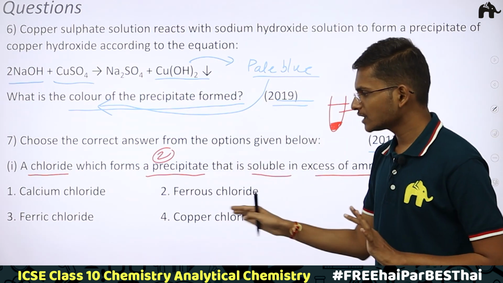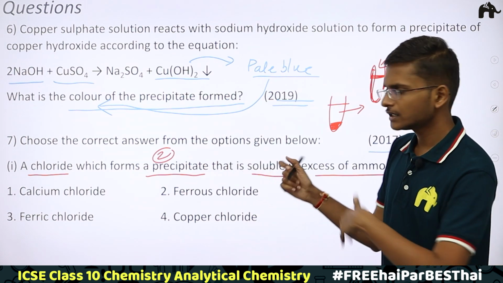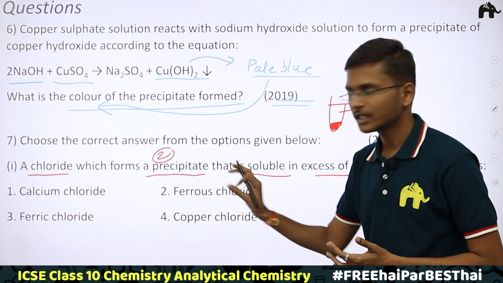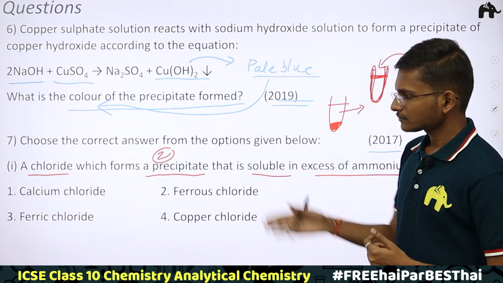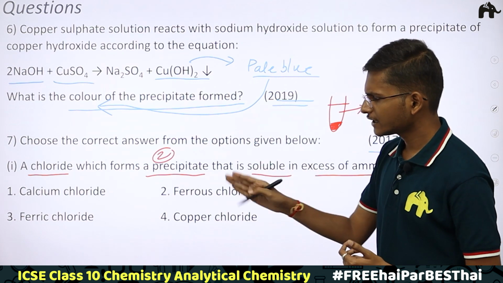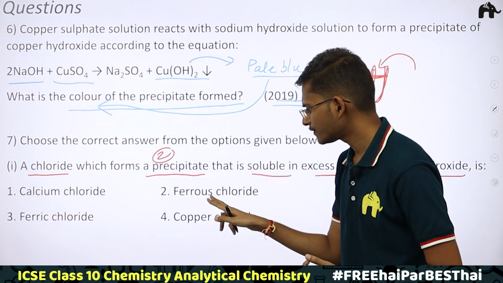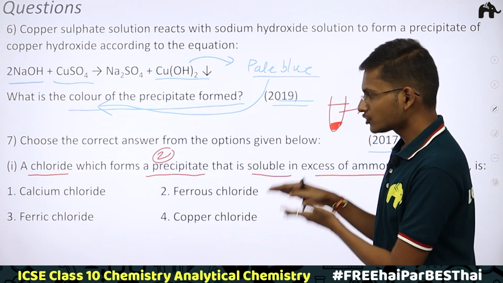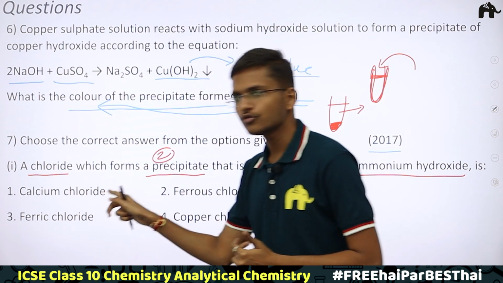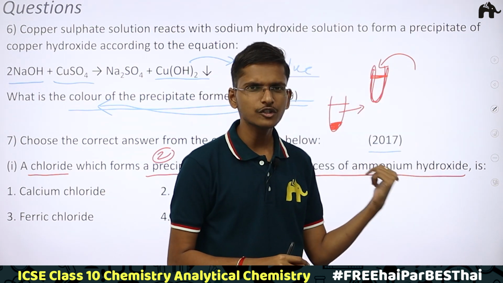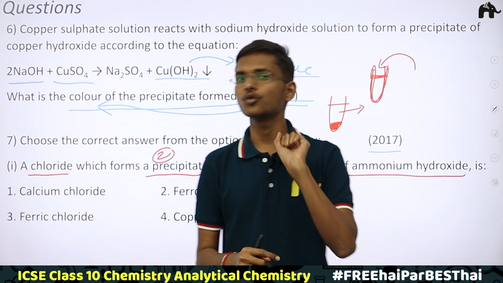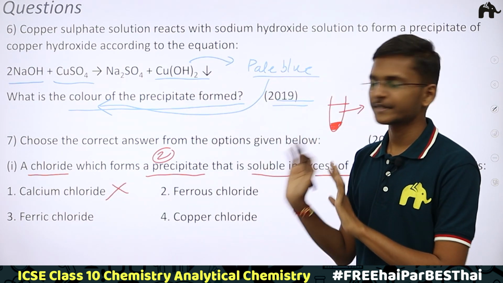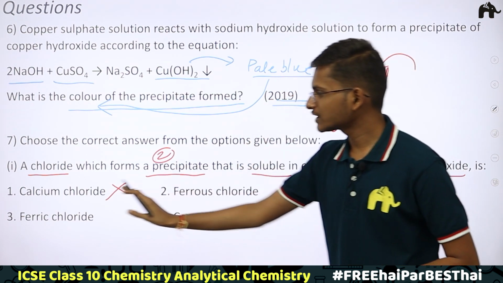Calcium chloride, ferrous chloride, ferric chloride, copper chloride, which means calcium salts, ferrous salts, ferric salts, copper salts. Out of these, when we treat the calcium salt solution with ammonium hydroxide, do they form a precipitate? No. So this salt solution will not form a precipitate, and it is out of the question. So this cannot be our answer.